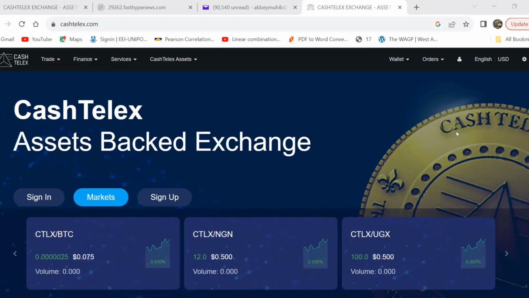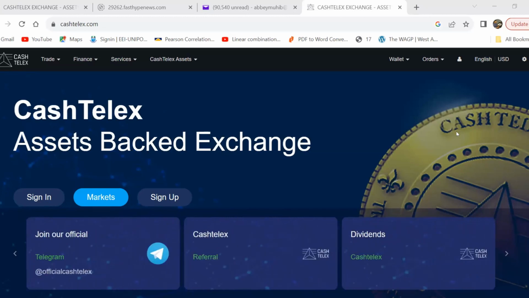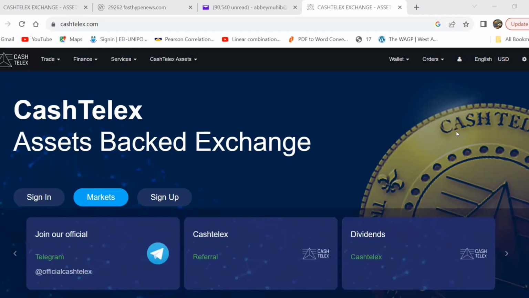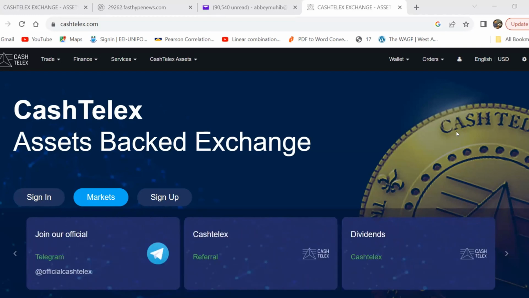And I want to do something today. I was able to buy a little Bitcoin today so that I can show the house how we can use the BTC deposit in our CTLX exchange to transact and buy CTLX.